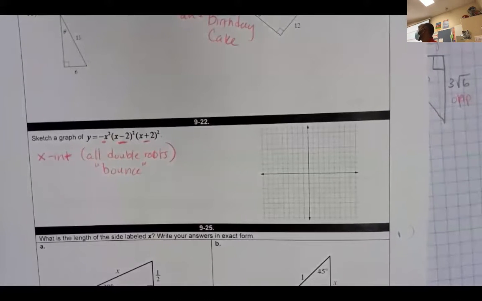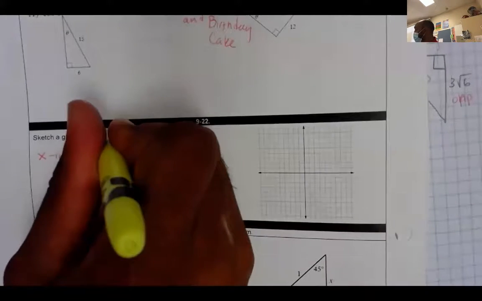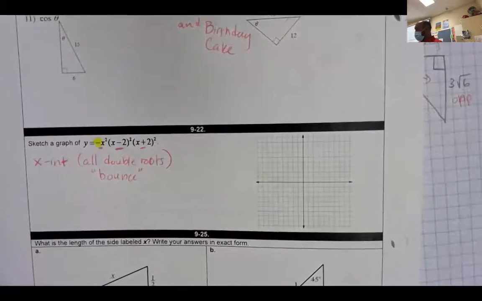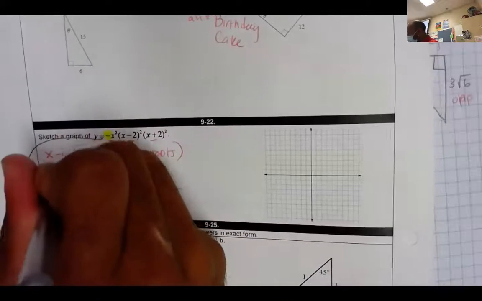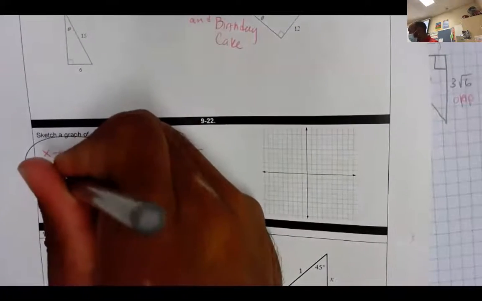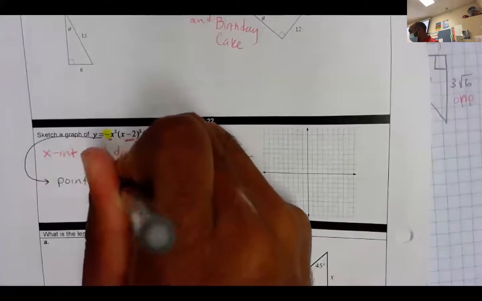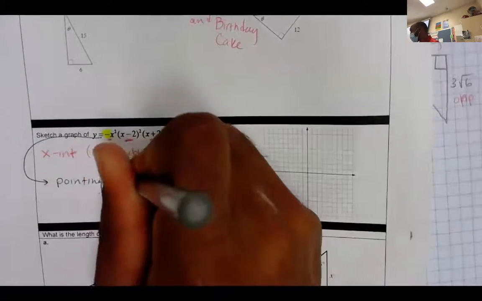Because of which part? The negative. Yeah, that negative in front means it's going to be pointing down. So it's pointing down.